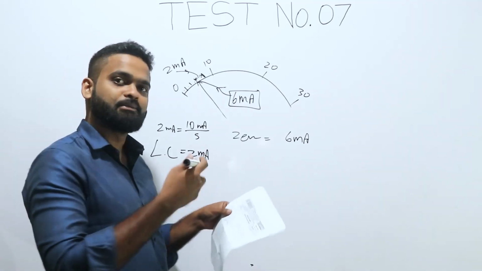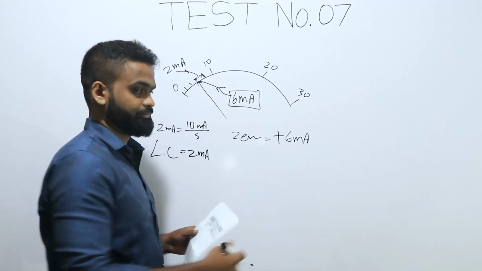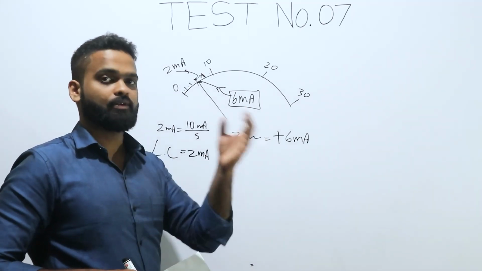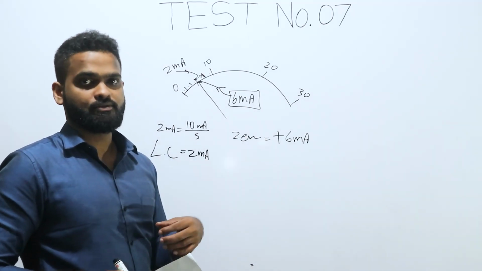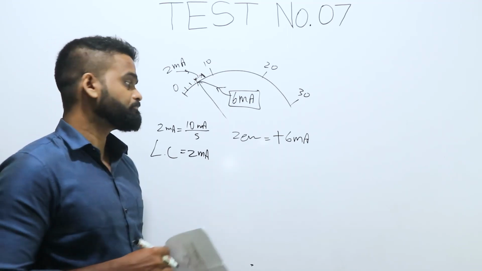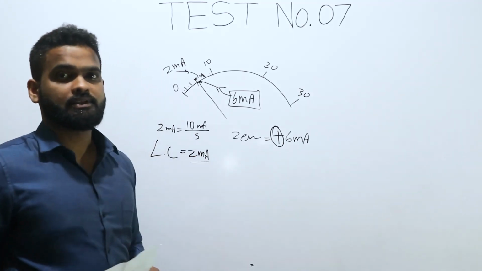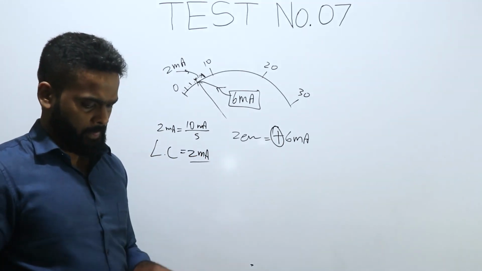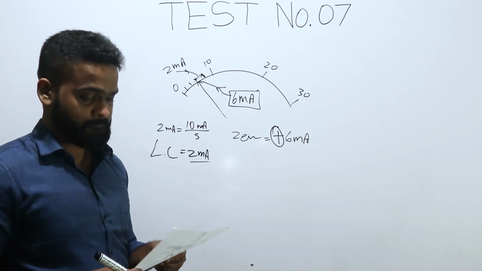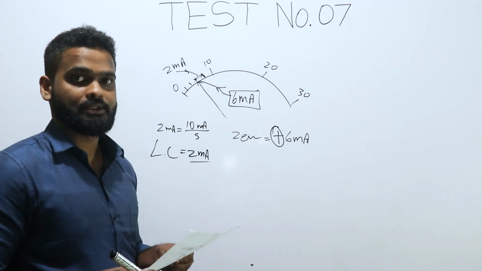So by definition, we can say that the zero error is positive. If you remember, if the zero error is positive, then the correction should be negative. I mean, it should be a subtraction from any measurement. Okay, then the zero error is positive, and the least count is 2. So the answer to that should be the fourth one for the third question.